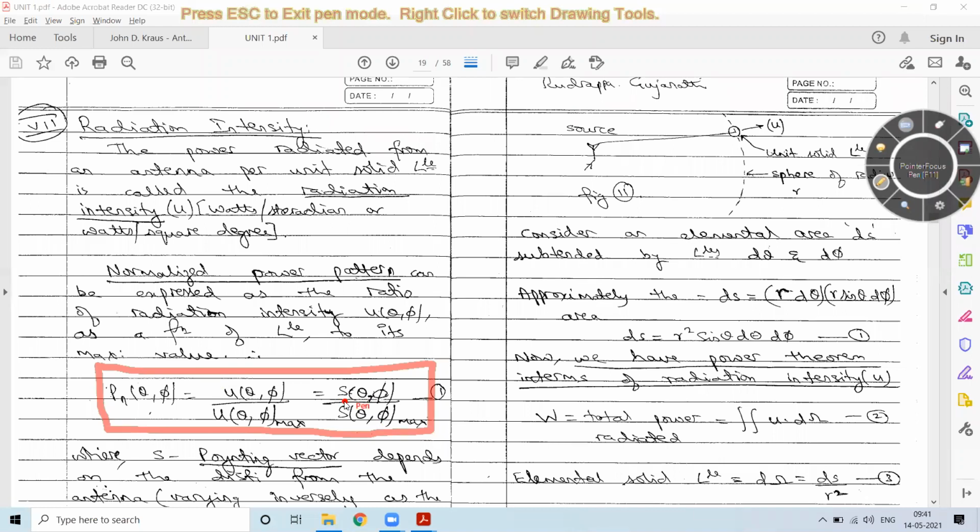We also term it as the Poynting vector, which is nothing but the cross product of E and H. So it is nothing but the power density value.